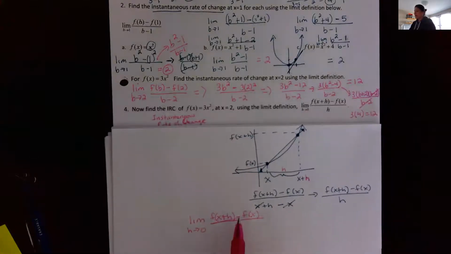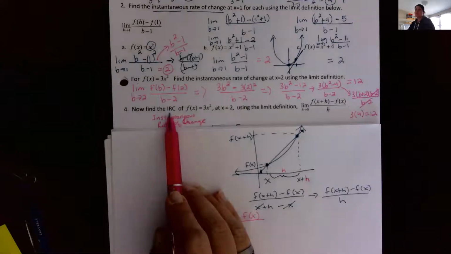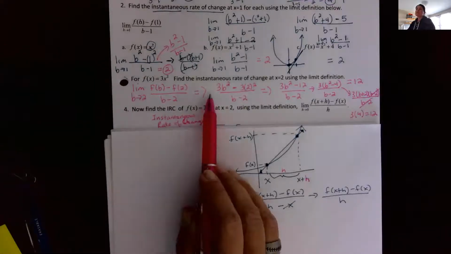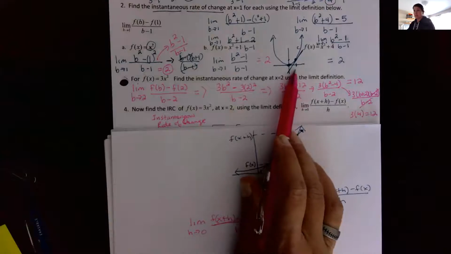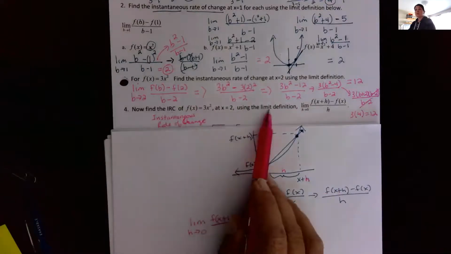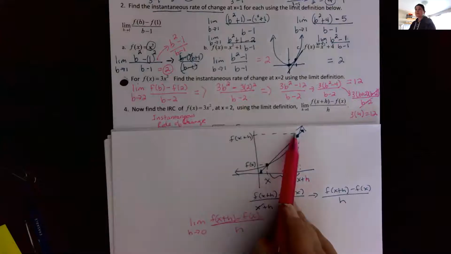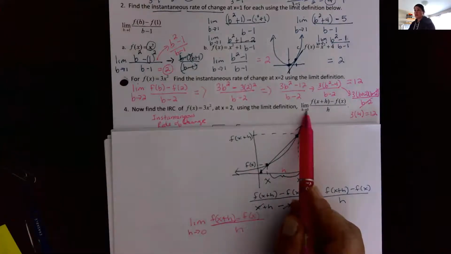So we're going to combine a bunch of ideas right now. Let's think about this. I called this the instantaneous rate of change. Previously, I had said instantaneous rate of change lends itself to tangent lines. It does. So if we're finding the instantaneous rate of change using our limit definition, well, this is a secant line I just drew. However, we take h and we approach a distance.